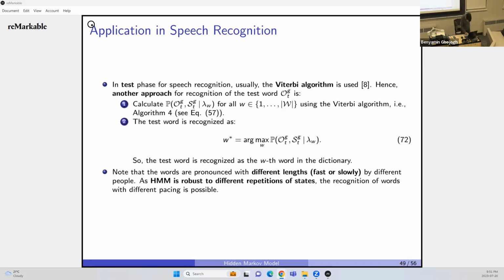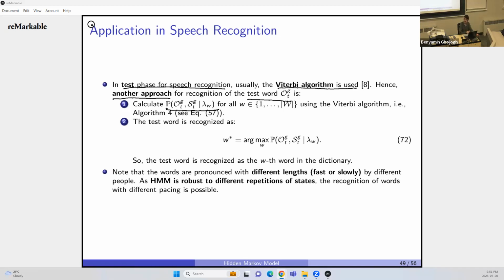In the test phase of speech recognition, usually the Viterbi algorithm is used. Hence, another approach for recognition of the test word O_T is this. So that was one of the approaches for the test phase. Another approach is that we calculate the probability of O_T and S_T given the hidden Markov model.